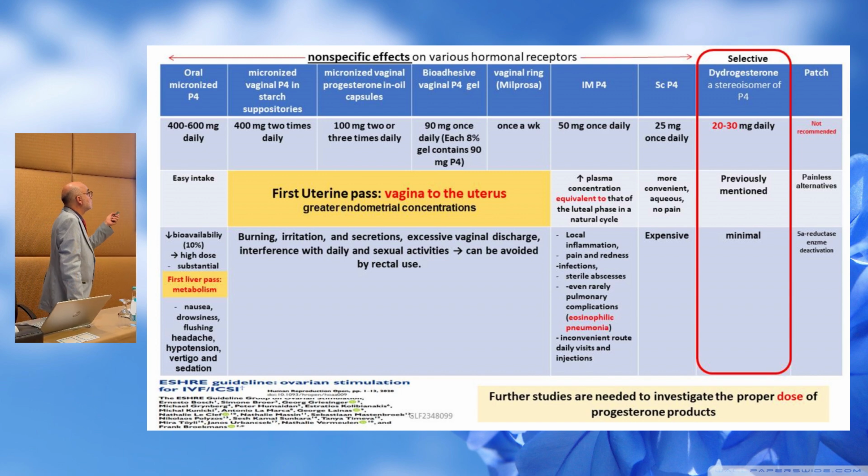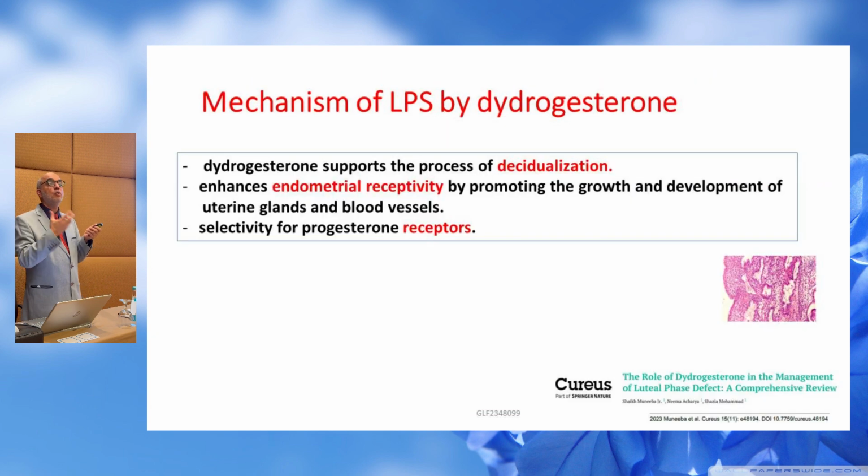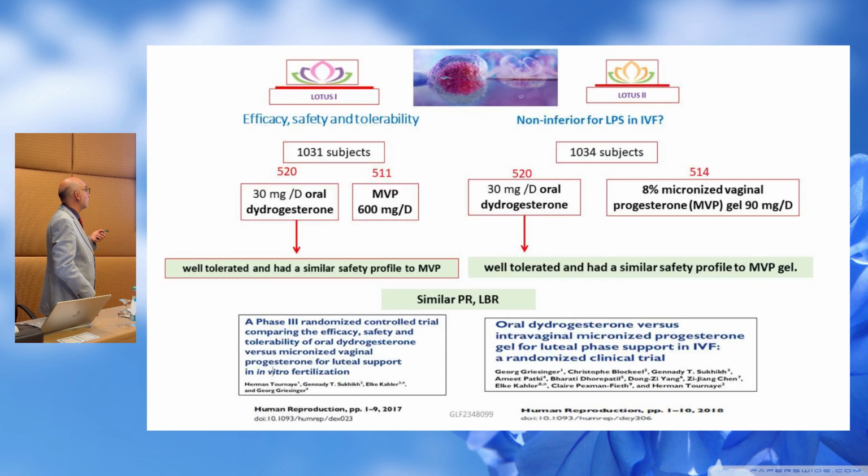And the recent recommendation of the ISHRI 2020 mentions that you can give the patient natural progesterone or dydrogesterone. Dydrogesterone is advantageous, as I told you, as a systemic immunomodulator, not only local. It is a selective progesterone receptor modulator and good for endometrial receptivity and decidualization.